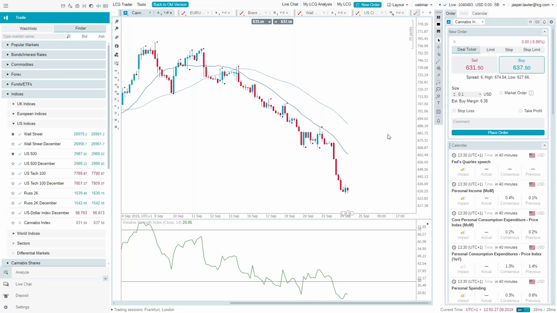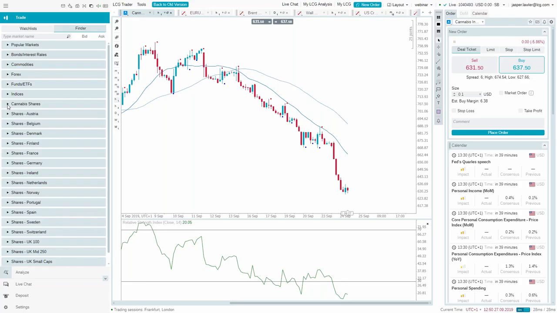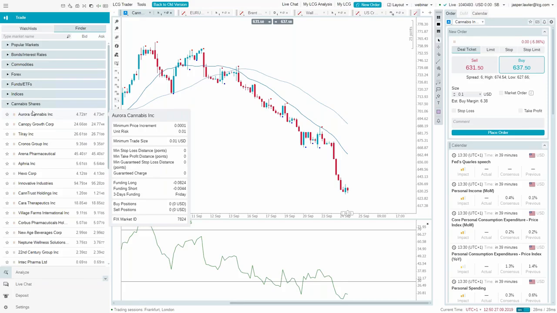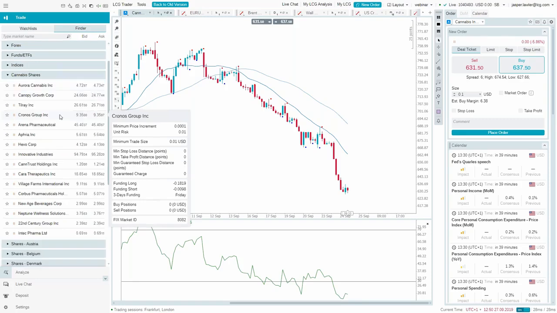Let's, while we're at it, so outside of indices, right here at the top of the list of shares, we've got obviously shares for all these different countries, a lot of different shares available through LCG, but at the top of the list here we've got the cannabis shares, all nice and easy to see. I cannot confirm at the moment if this is displayed like this in a demo account. I believe it is, but certainly it is in a live account.